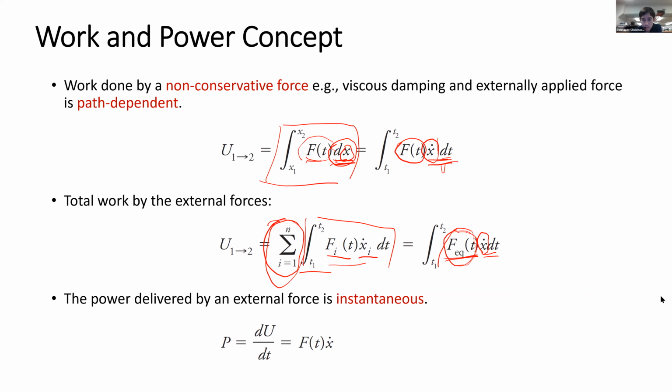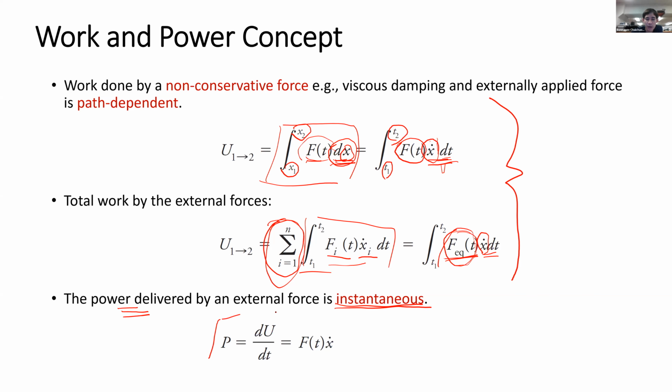And the work is the cumulative property from the initial position to the final position, or from the initial time to the final time. But the mechanical power is an instantaneous property.